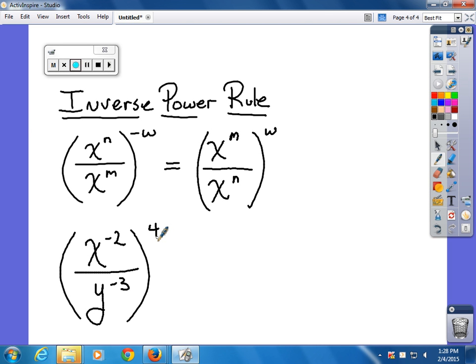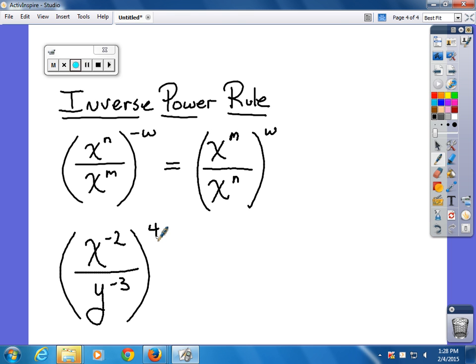Now, somebody tell me why I would use the inverse power rule here. Because what's inside the parentheses doesn't change. Why would I want to make the 4 negative? To make what? The answer come out to be what? Positive exponent. That's fine.